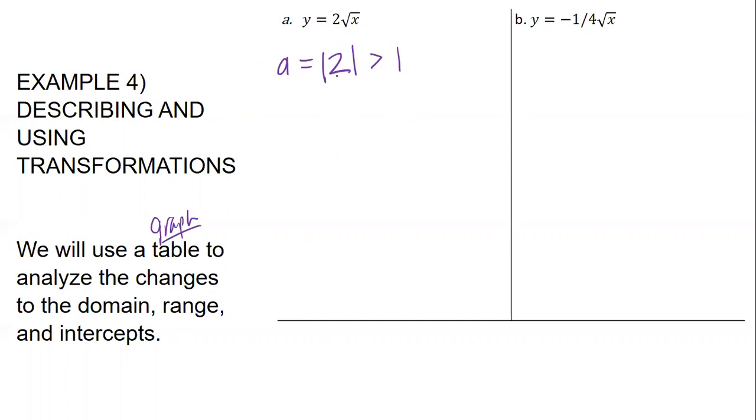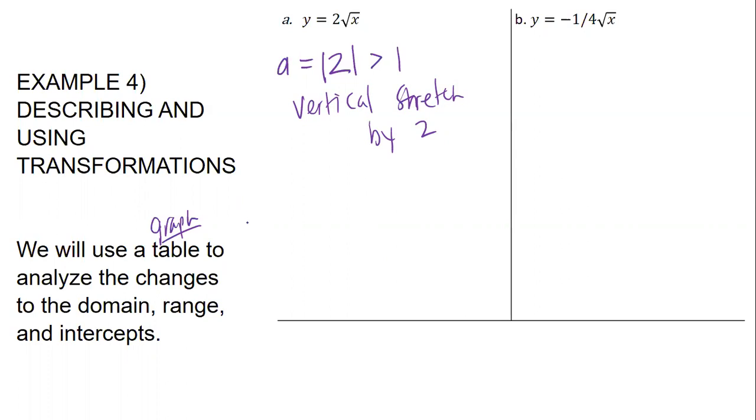It's not a reflection. It's greater than 1. So what does it mean when the absolute value of A is greater than 1? It's a vertical stretch. So we have a vertical stretch by 2. Is our domain affected?